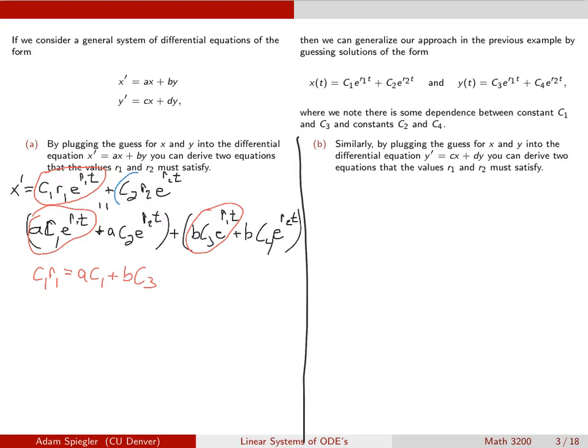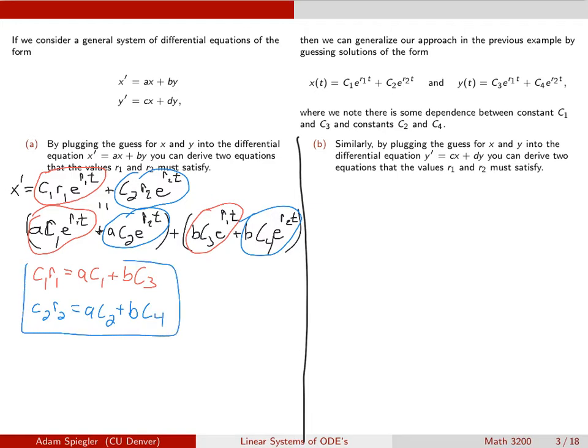And similarly, by grouping up the r2 terms, I would get here that c2 r2 is going to have to equal a c2 plus b c4. So I've got a couple of conditions that r1 and r2 need to satisfy, and those conditions depend on the values of these coefficients, in this case a and b.